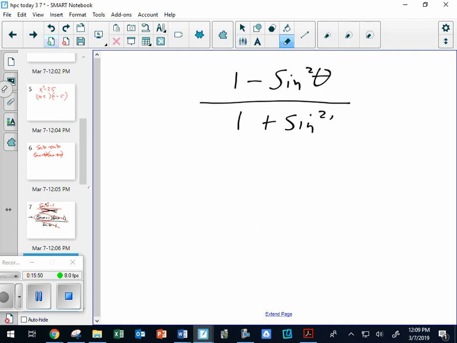Oh, wait, I'll square it on the bottom. Hint, if you can factor it, you should.